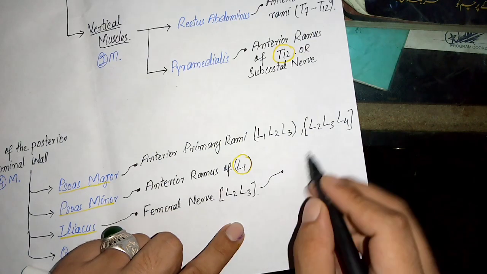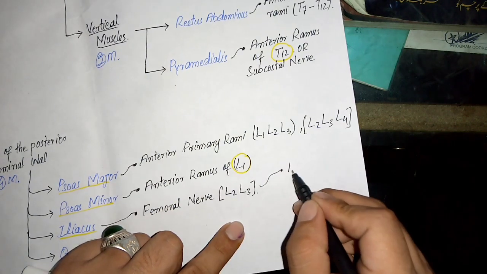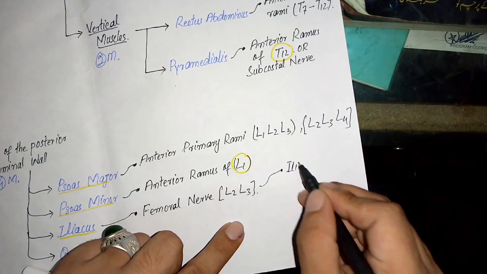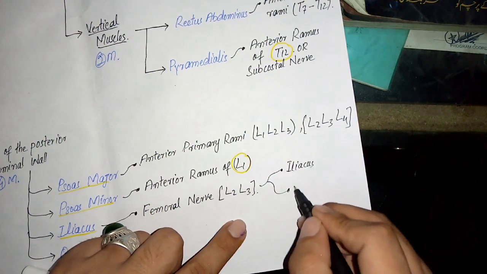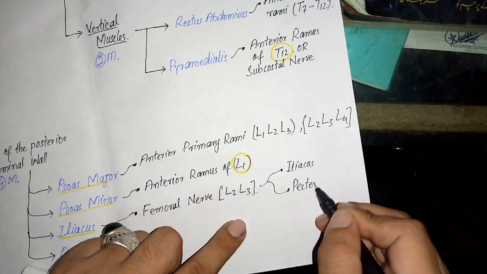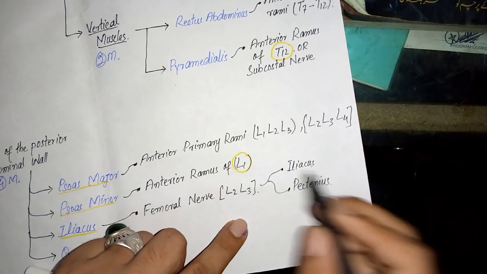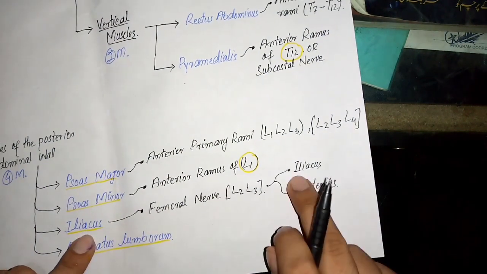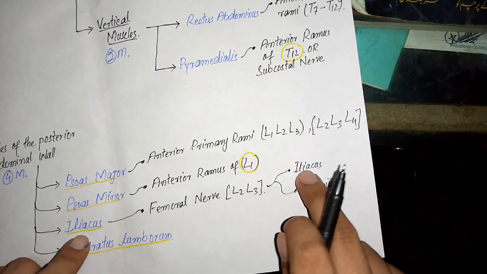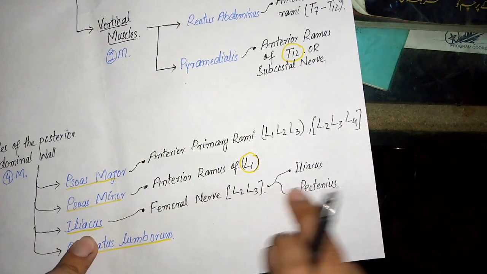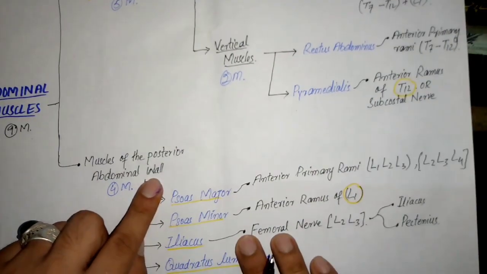The first part is iliacus and the second part is pectineus. So the iliacus muscle is supplied by the iliacus part of the femoral nerve, which supplies the iliacus muscle of the posterior abdominal wall, right?